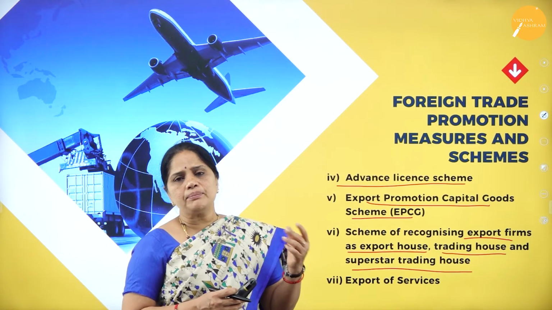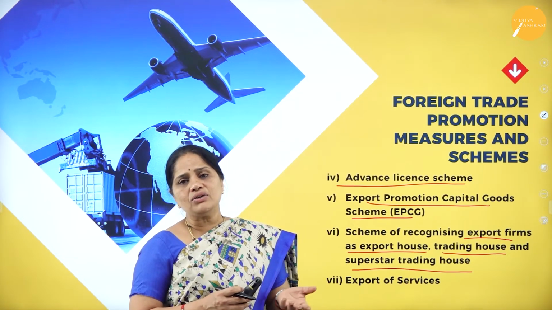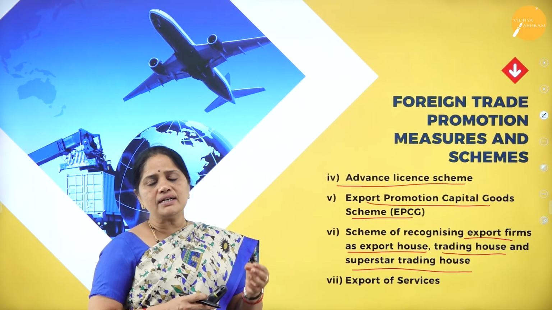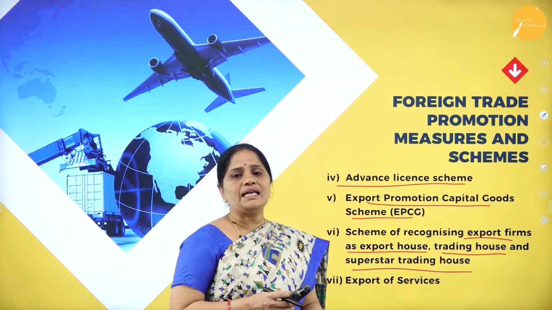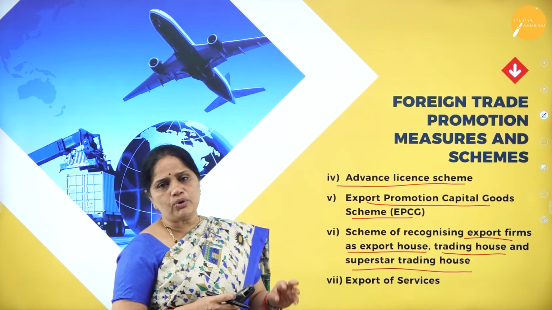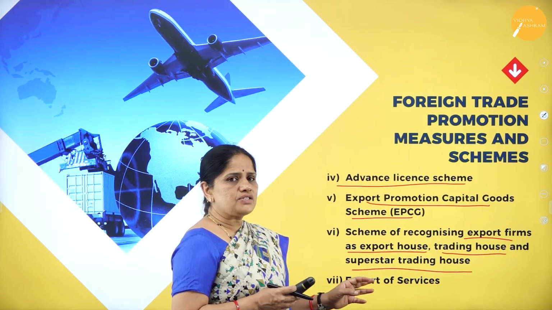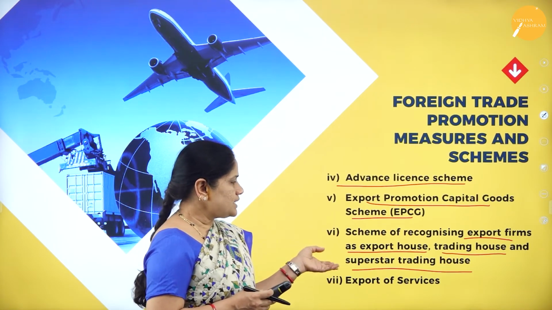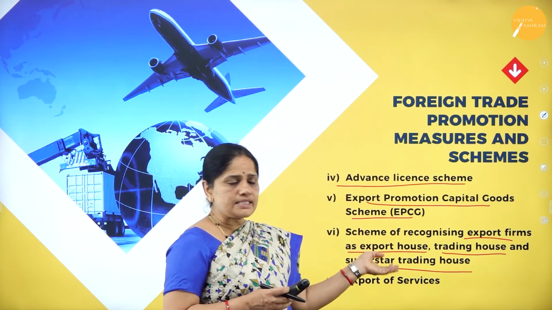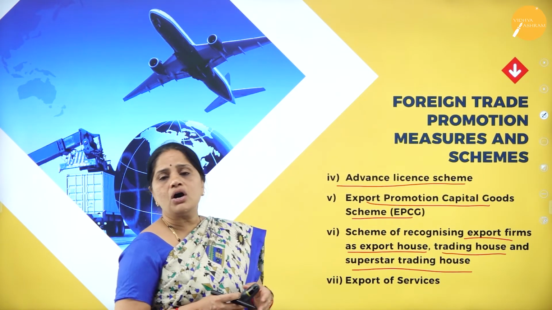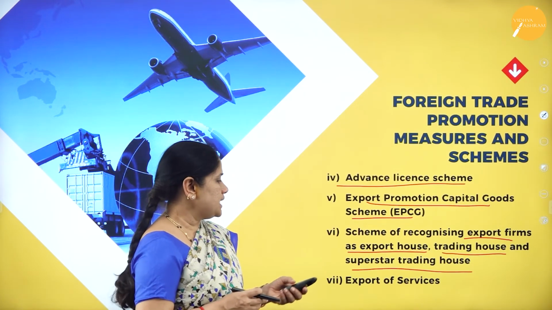Based on the past performance and the value of the exports, and after conforming with all the formalities relating to the export of the goods, if the government is satisfied, it will confer such a status as the export house, trading house or the superstar trading house.